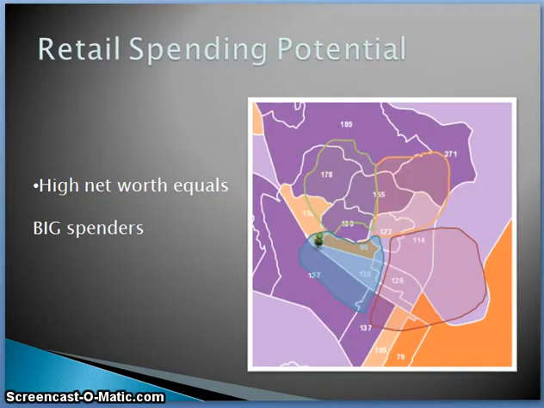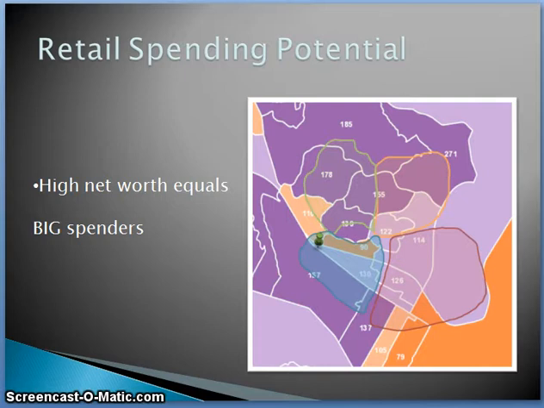This was an interesting map I generated: retail spending. Hand in hand with income level and net worth is surplus cash to go spend. The numbers you see here, most of them are above 100. The number 100 means that's the average of the U.S. population. So an average person in the U.S. spends an amount of money, and the number 100 means you're at the average.